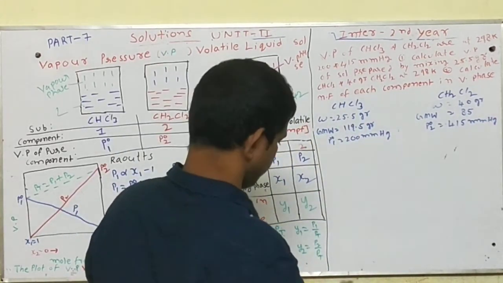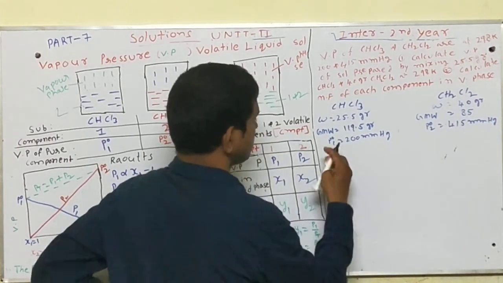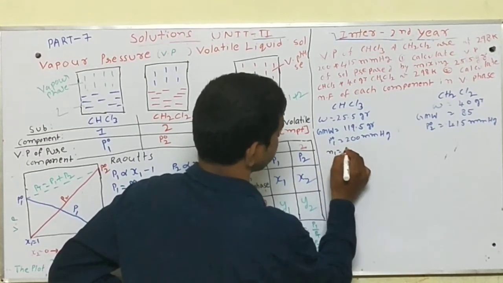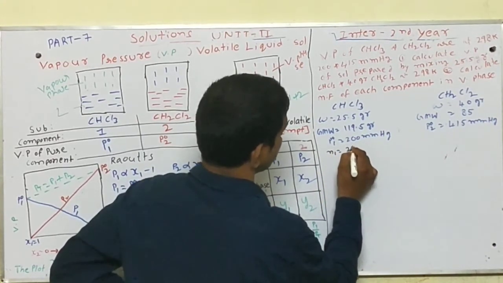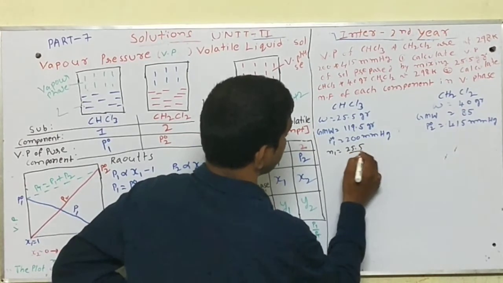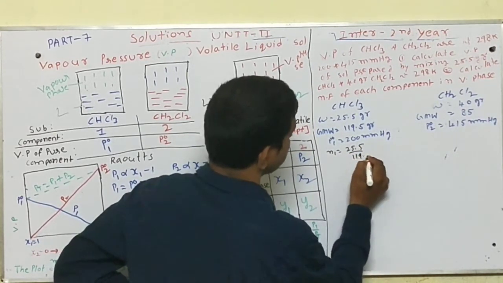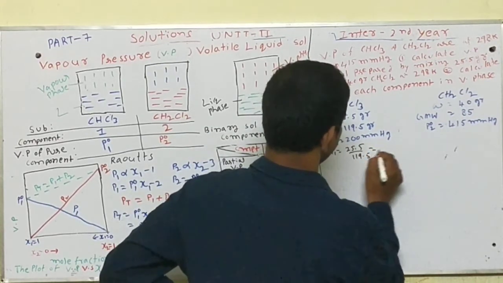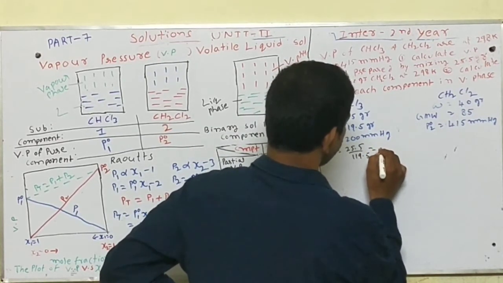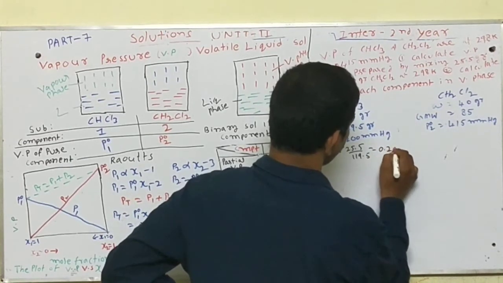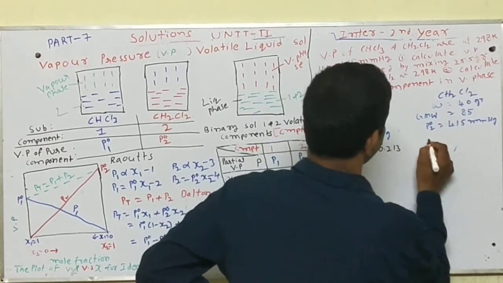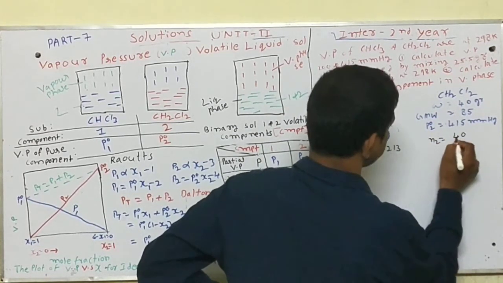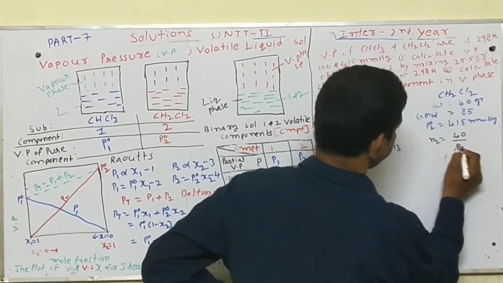First we have to calculate the number of moles. N1 is equal to 25.5 by 119.5. It will be equal to 0.213, and N2 is equal to 40 by 85.